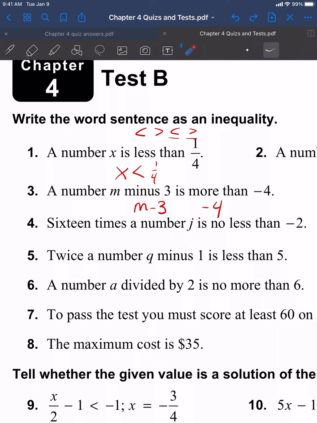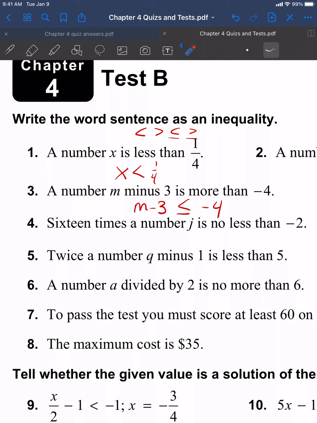So I can't say it's greater than, correct? Could it be -4? It could be -4, so it's going to be less than or equal to. Let me use that logic again. This can be no more than -4. Could it be -4? Sure. But it can't be anything bigger, right? Could it be -3? -3 is greater than -4, right?